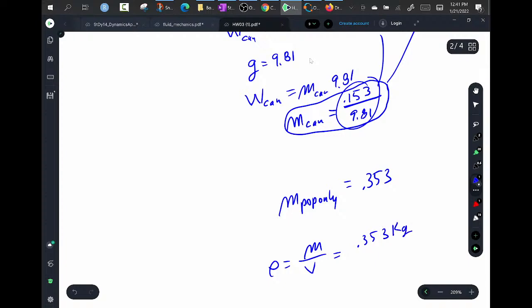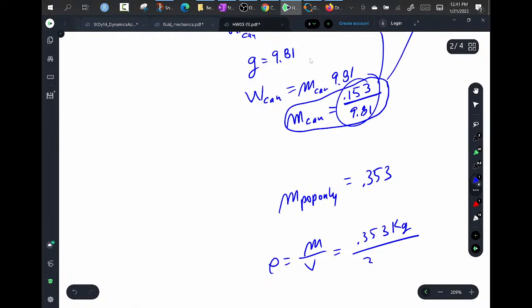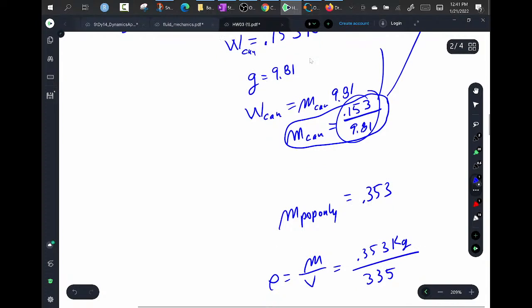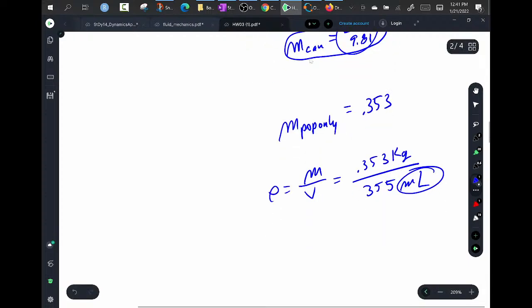This would be kilograms, and this would be, no, 355. Now, what you'd want to do is convert this to cubic meters, and that'll give you your density.